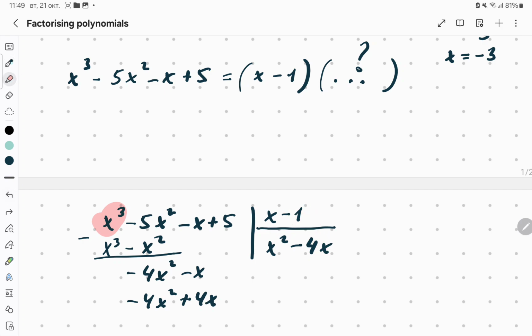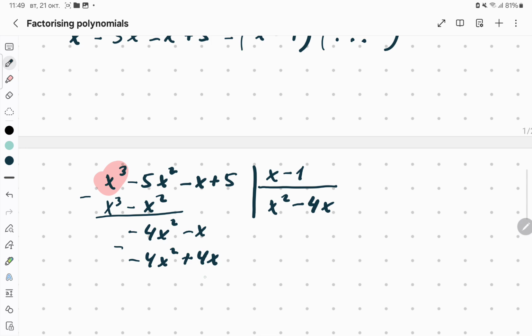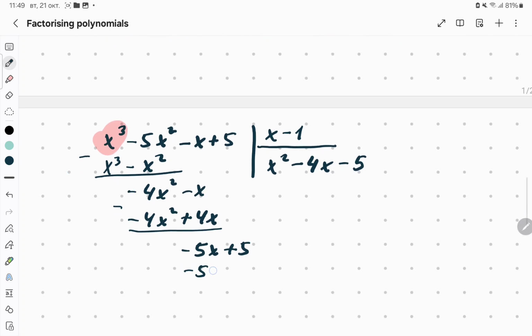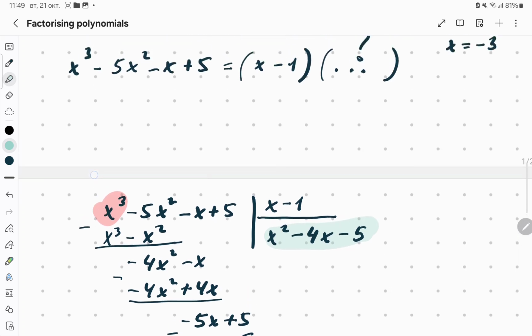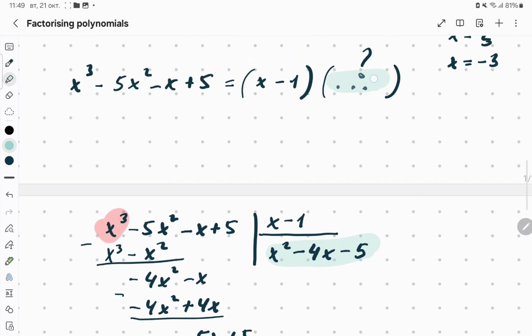After subtracting we have minus 5x plus 5, and the last term is negative 5: minus 5x plus 5. After subtraction we have 0. Finally we got the expression x squared minus 4x minus 5.